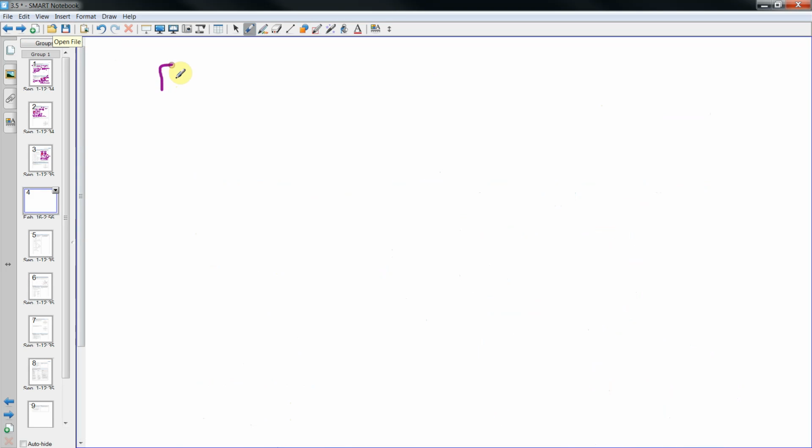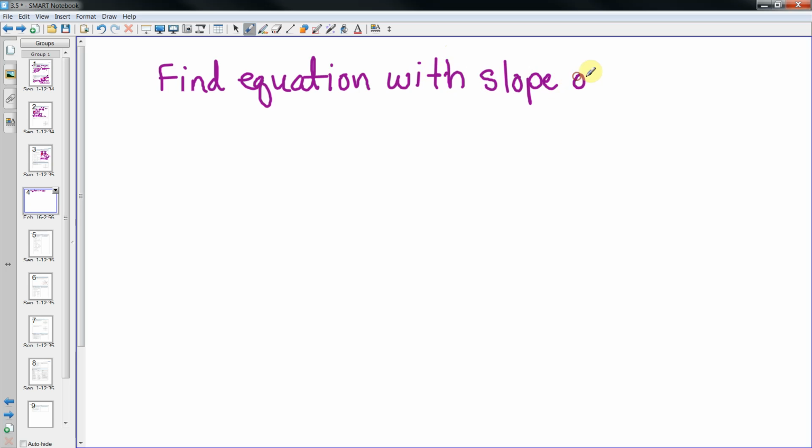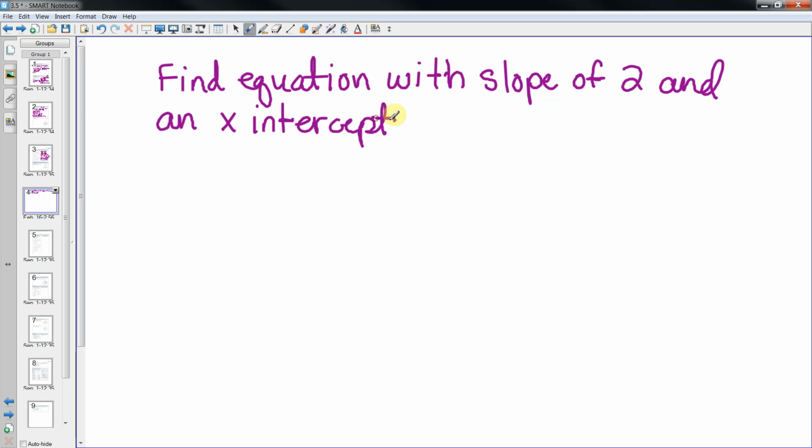What if it says find the equation with a slope of 2 and an x-intercept of 5.